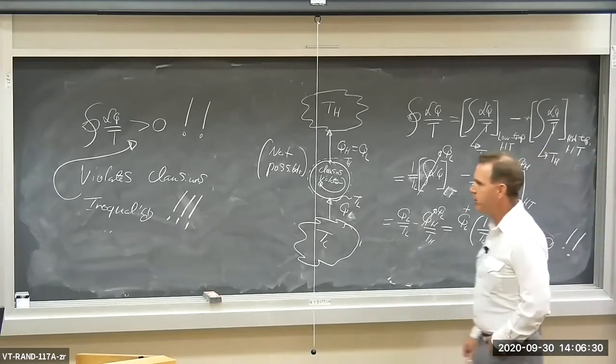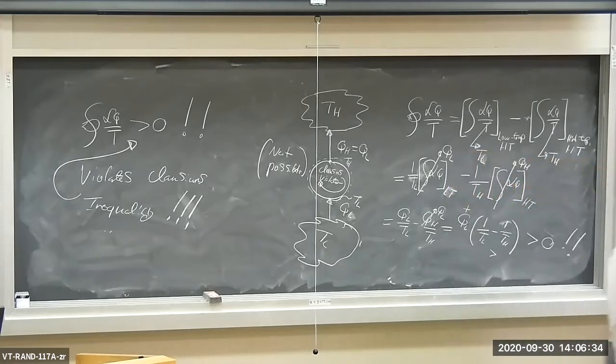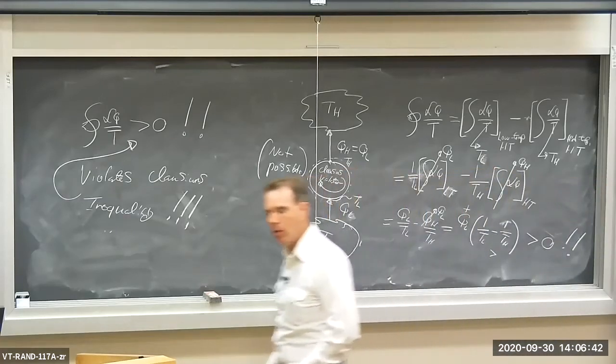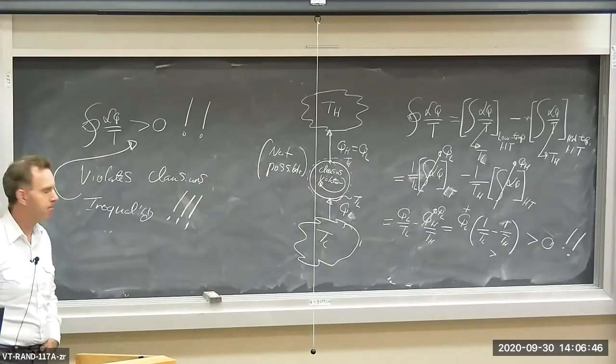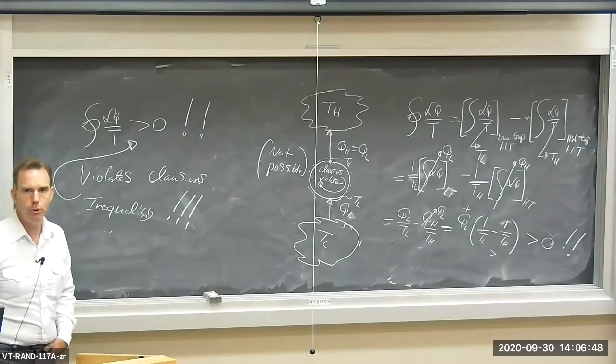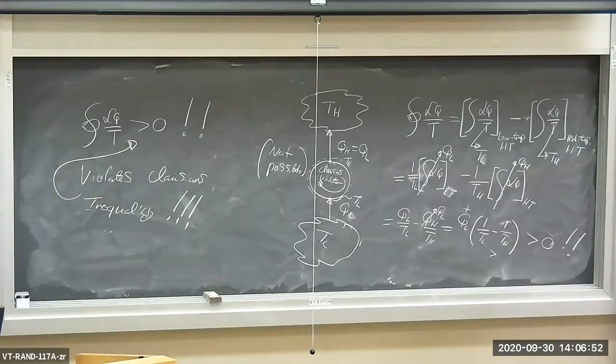So the Clausius inequality is a mathematical reformulation of the pictorial statement of the second law of thermodynamics. We don't need the pictures anymore. We've got the Clausius inequality, and it says the same thing. You could do a similar proof for a Kelvin-Planck violator.